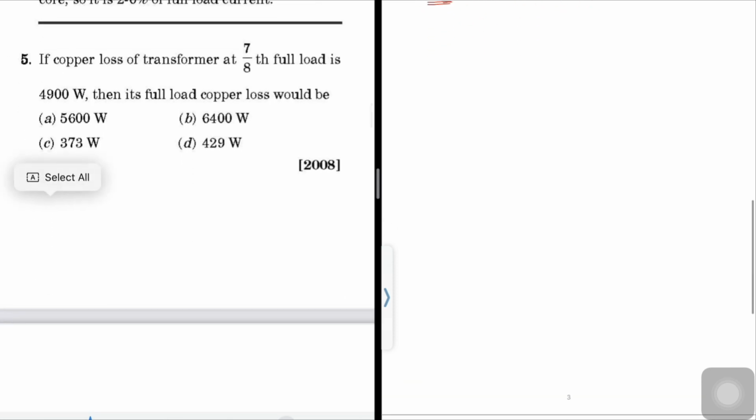Now coming to the fifth question. The copper loss at 7 by 8th of the full load is 4900. What is the full load copper loss? Generally, copper loss at any load is equal to x square times the copper loss at full load, where x is the fraction of the load.